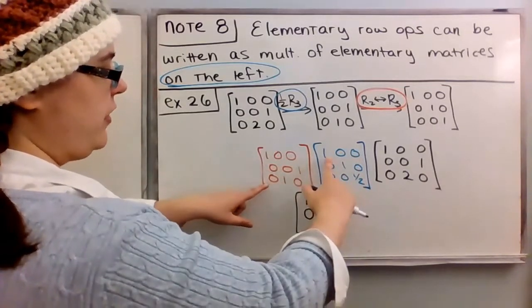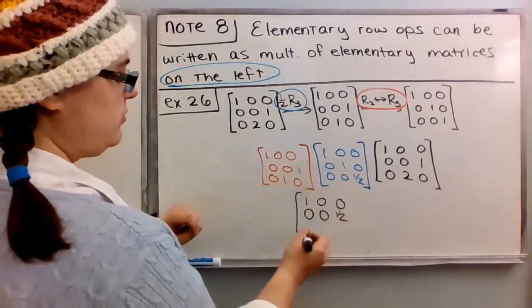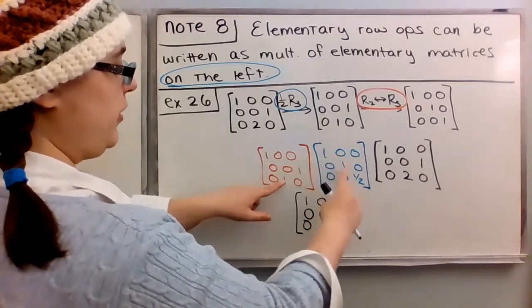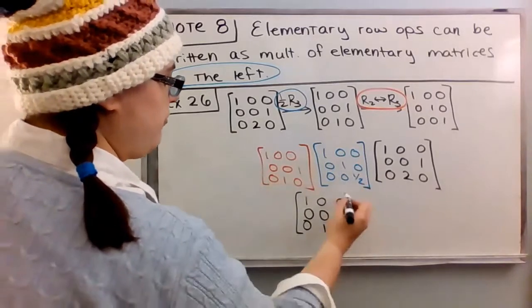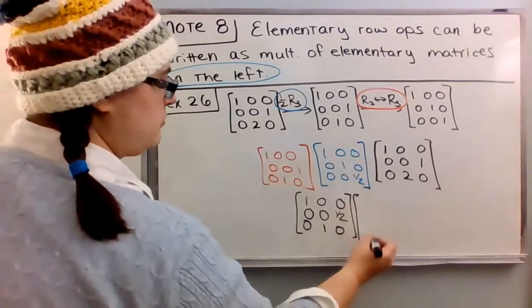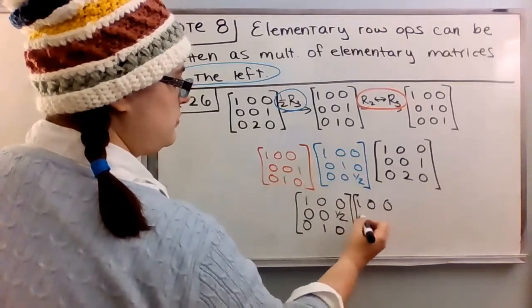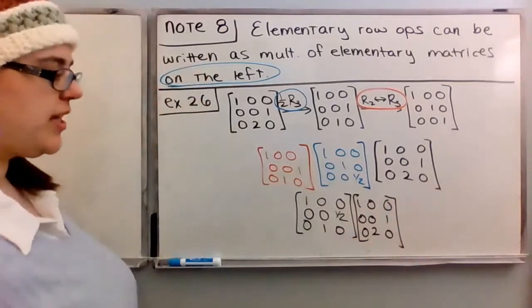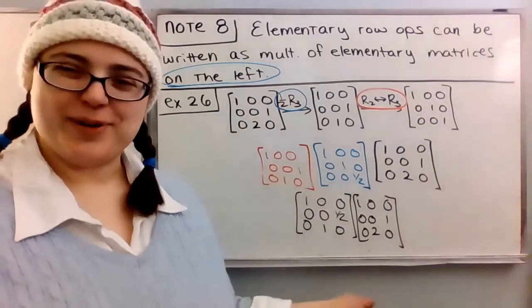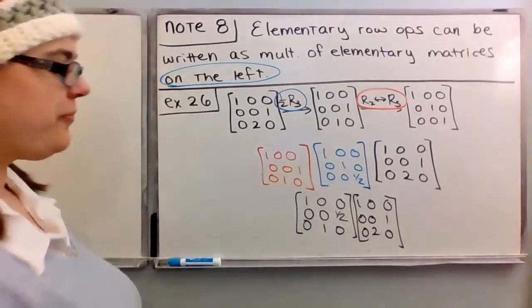And then we have 0, 0, 0, 0, 1, 0, 0, 0, 0. Most excellent. And now we can multiply these two matrices together.